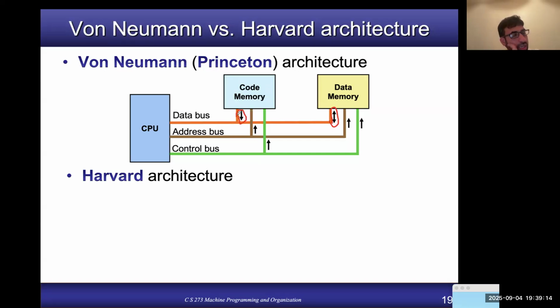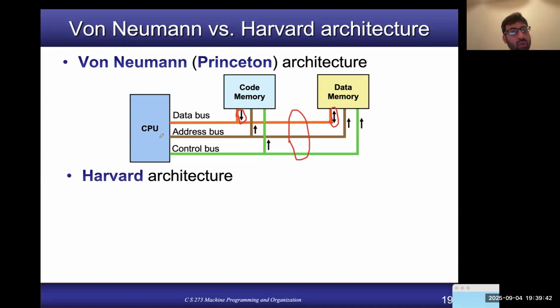But the basic point here is that both code memory and data memory share all 3 buses which connect them with the CPU. Now, the problem with this approach is that since you are sharing the bus for transferring data from memory to the CPU, there is contention, which basically means that the CPU can perform only one job at a time.